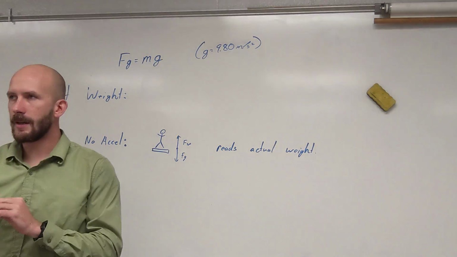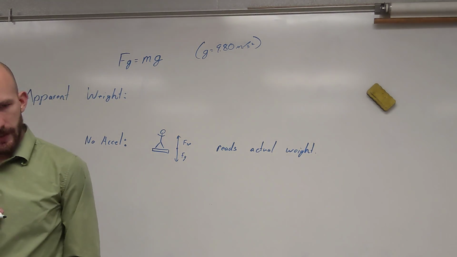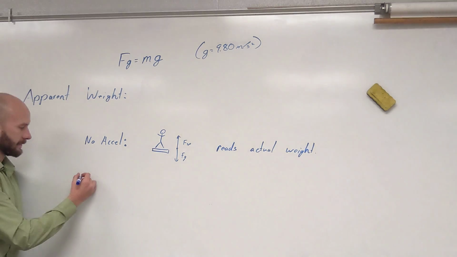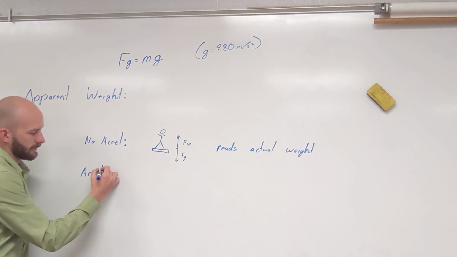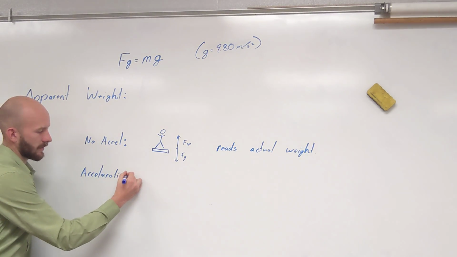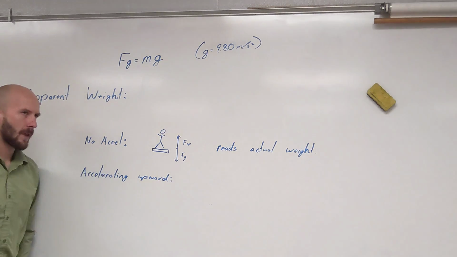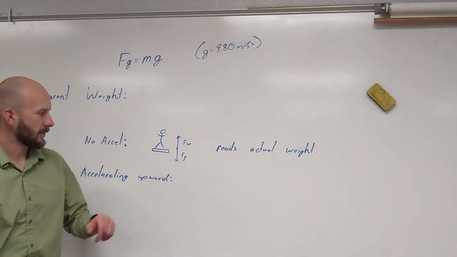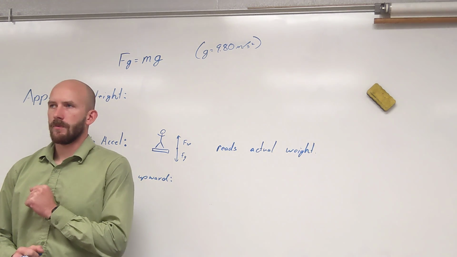Now, as soon as we begin accelerating, things start to go wonky. So let's take a look at what happens if the elevator accelerates upward. So if my elevator is accelerating upward, imagine I'm still standing on this scale, what do we know about the net force?